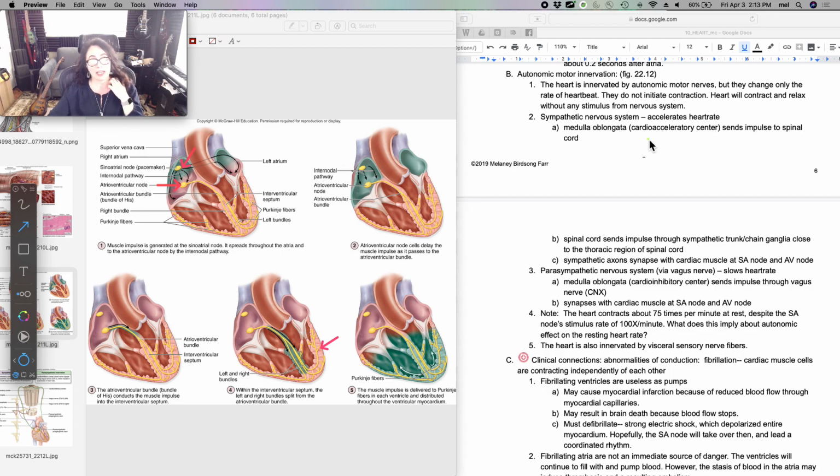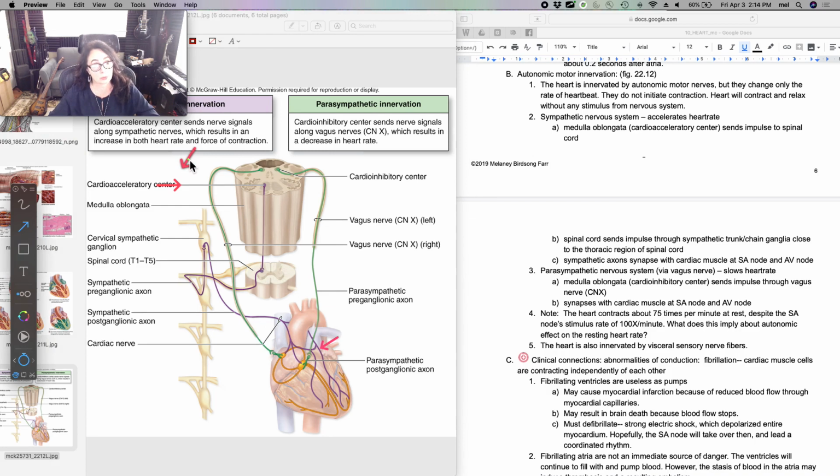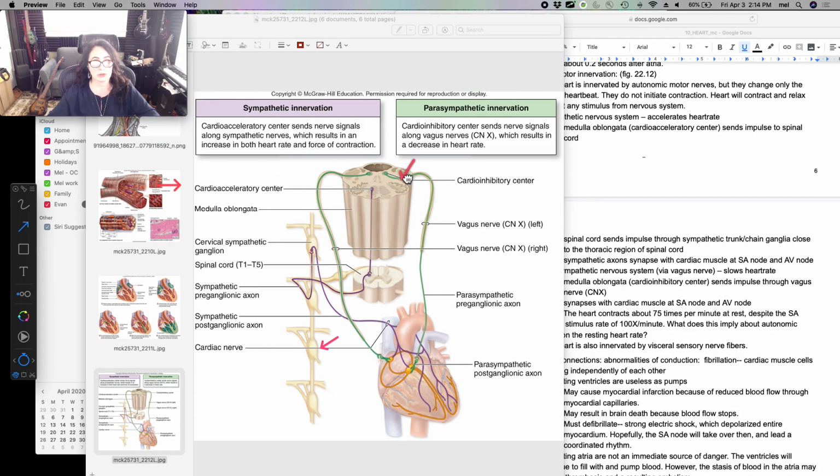And what it does, putting it back together with more stuff that we've already learned, is, okay, you guys learned, I hope you learned because it's on the next test, that the medulla oblongata, actually, oops, sorry, I'm a menace today. The medulla oblongata, okay, and that's what this is trying to show you.